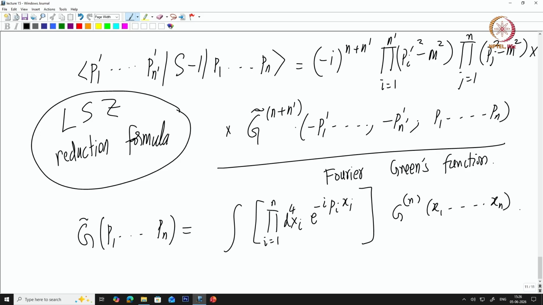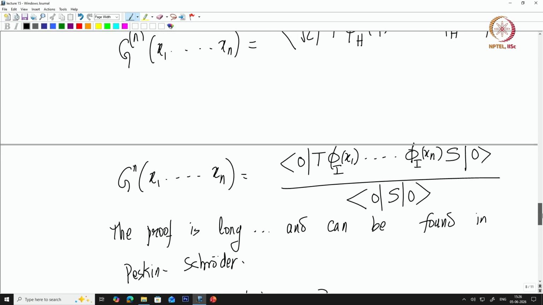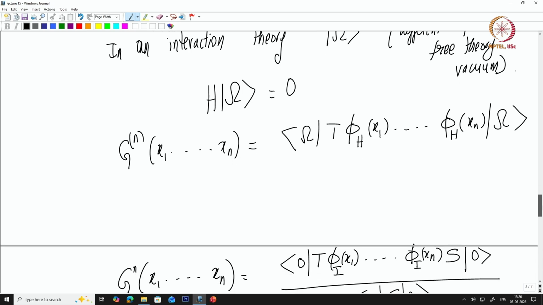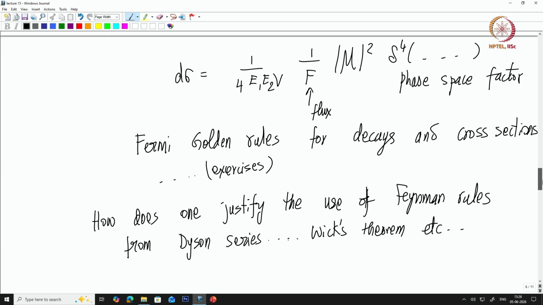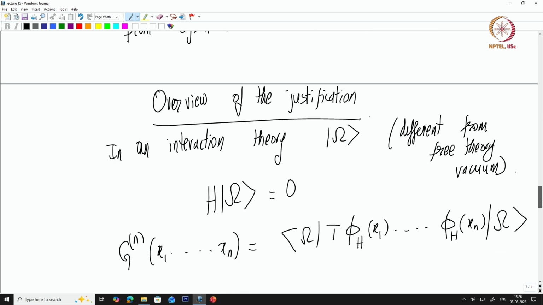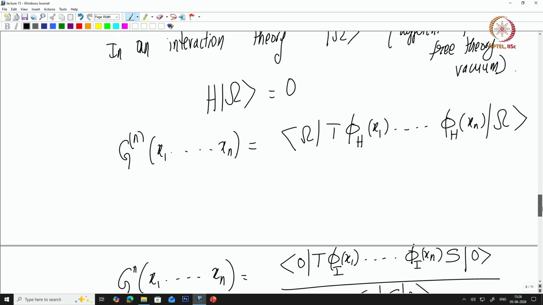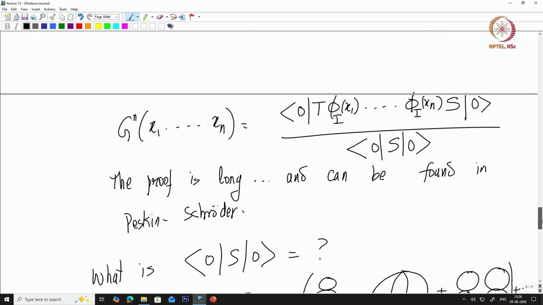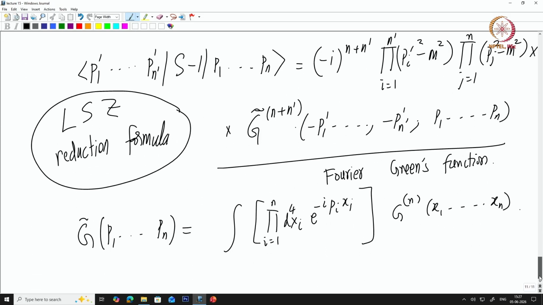So this justifies why the Feynman method completely works. This entire thing that we have derived is a crucial point, the derivation essentially, which has a long proof that we have skipped. You can find this long proof in Peskin and Schroeder and various other books. So the Green's function is given by this particular function. Starting with this, you can show the S matrix elements.